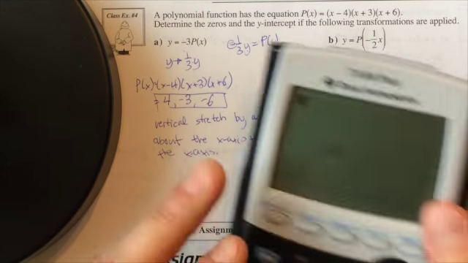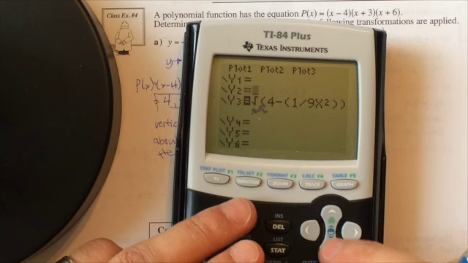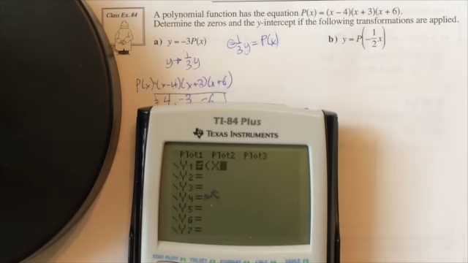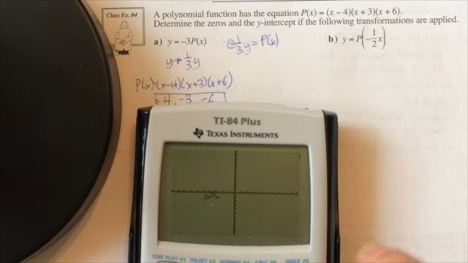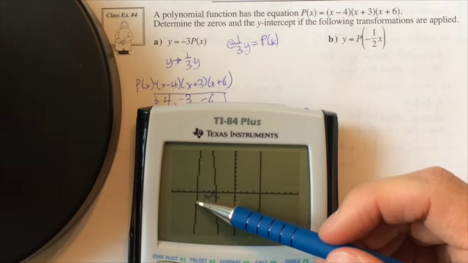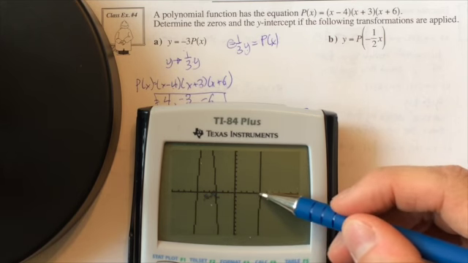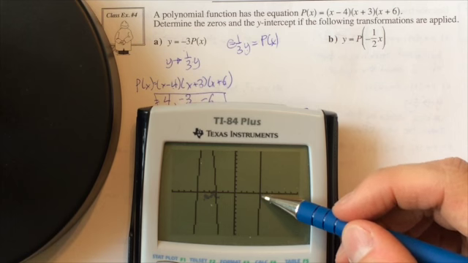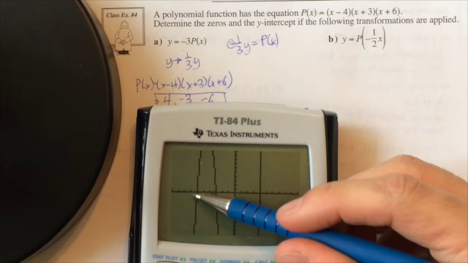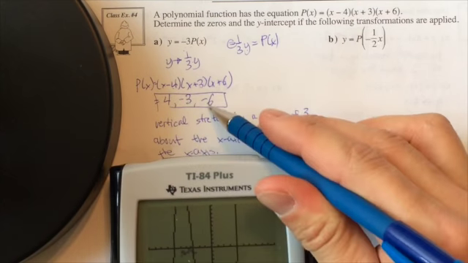So let's see what this function is going to look like. So if I have x minus 4, x plus 3, and x plus 6. Alright, so here's my x-intercept at positive 4, my x-intercept at negative 3, and my x-intercept at negative 6.